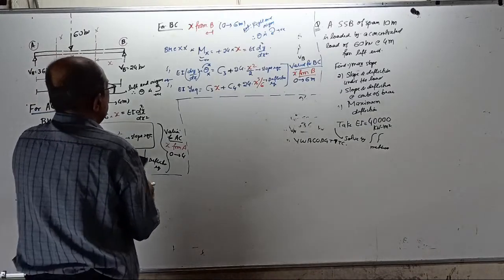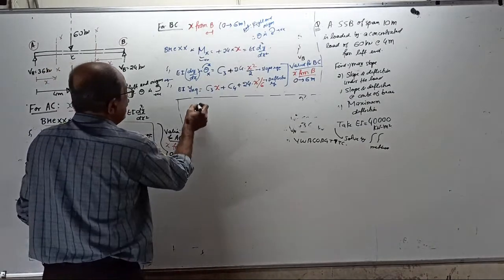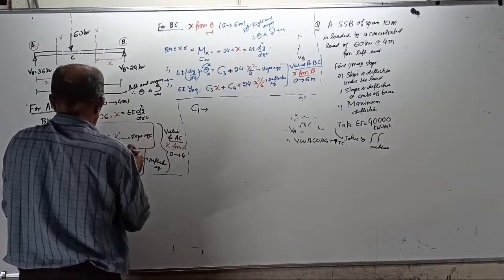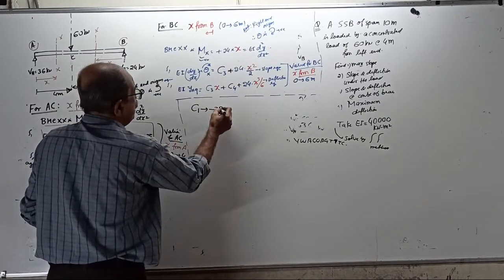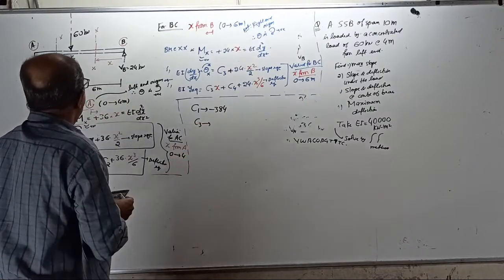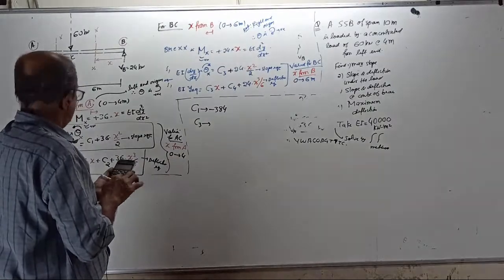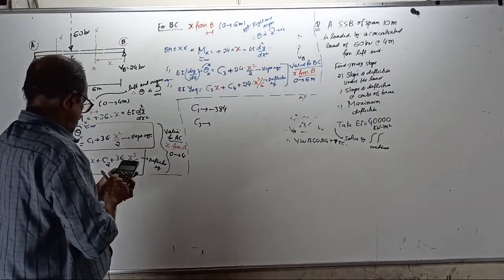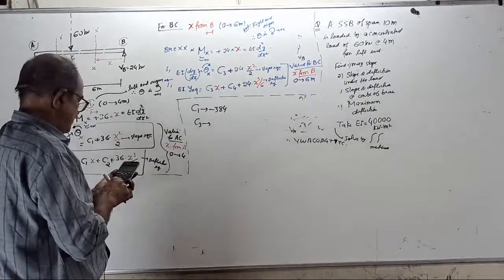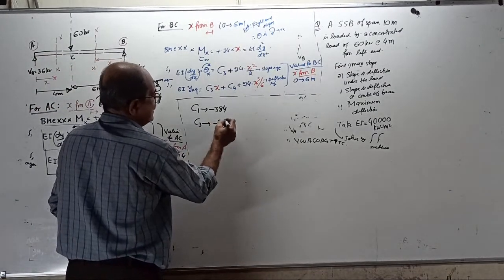Your C1, tomorrow tell me the answer when I ask you, your C1 will come minus 384. Your C3 will come minus 336.